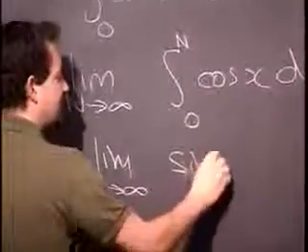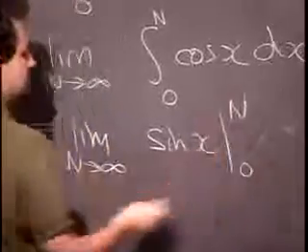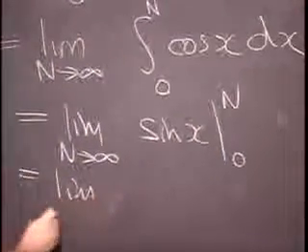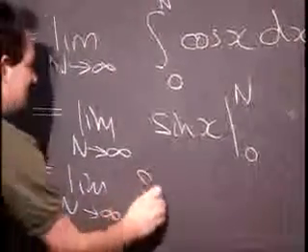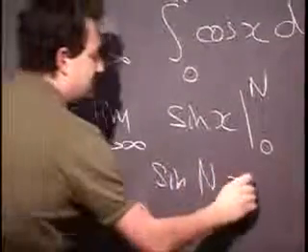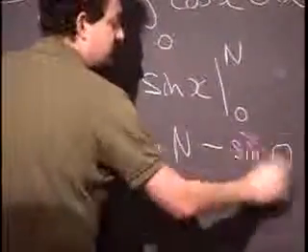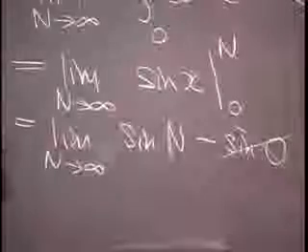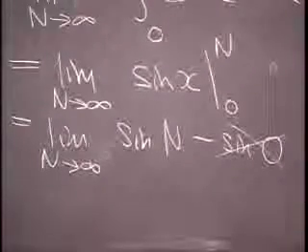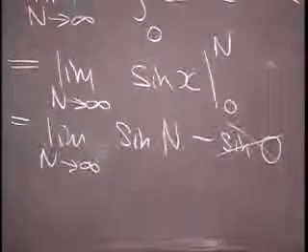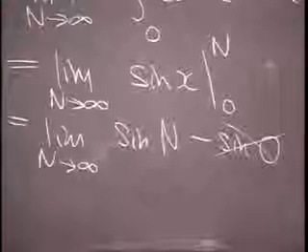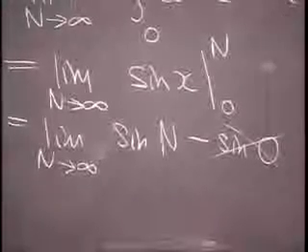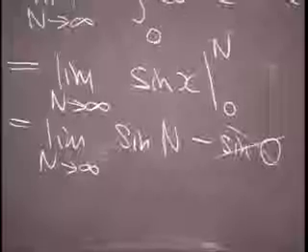The integral is sine. So it's the limit, as n goes to infinity, of sine n minus sine 0. Sine of 0 is 0. So the question is, what happens to the quantity sine n as n goes to infinity? Does it have a limit? No. Sine n just oscillates between minus 1 and 1. This limit does not exist.